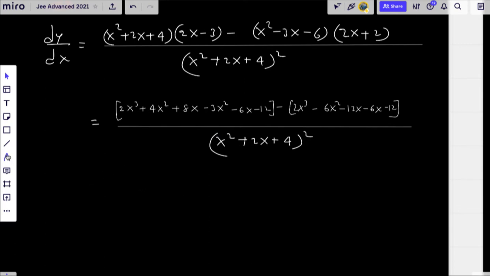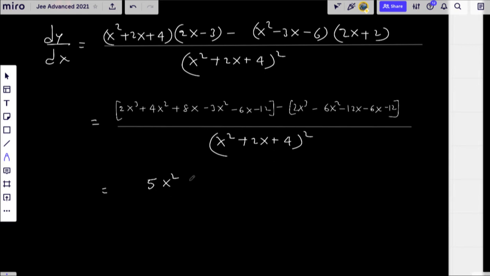If we solve this a bit properly, the 2x cube cancels and dissolves this way. We got 5x square, right? 4x square, 6 minus 3x square, 1x square, and that is plus 6, and finally 3x square, no?